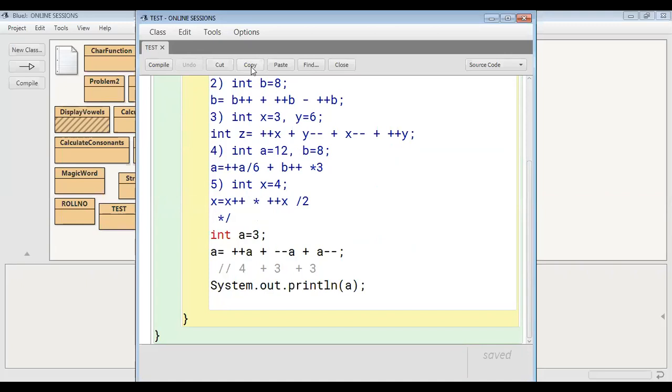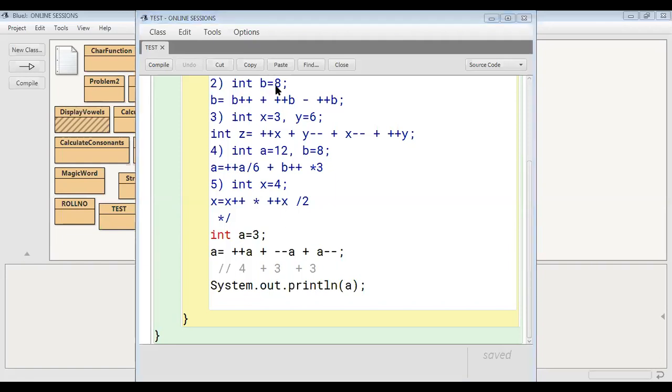Now we will start with another example. Let's take another example. Integer b is equal to 8.